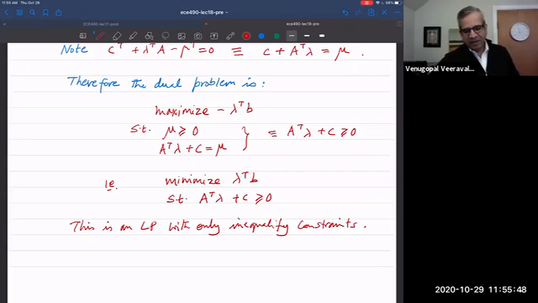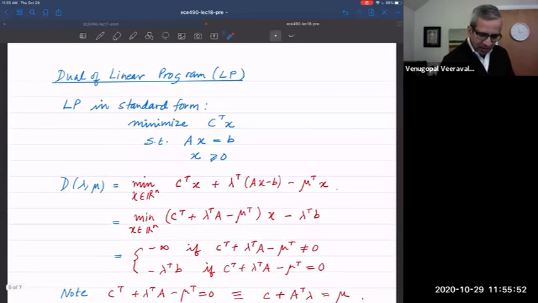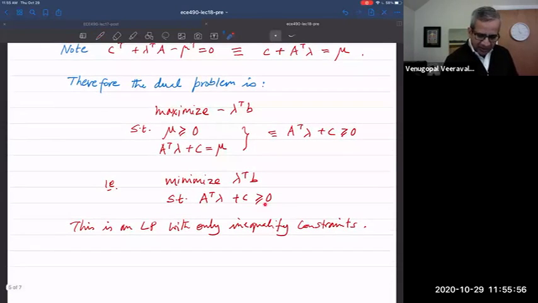The way you apply it to a general linear programming problem is that you start with a general linear programming problem of this form and look at its dual. The dual only has inequality constraints, and so you can apply the barrier method there. That's why the barrier method, also called the interior point method, has been so powerful for linear programming problems.